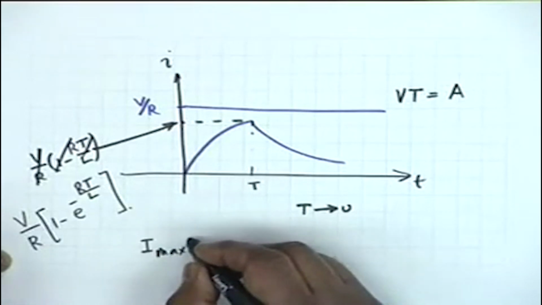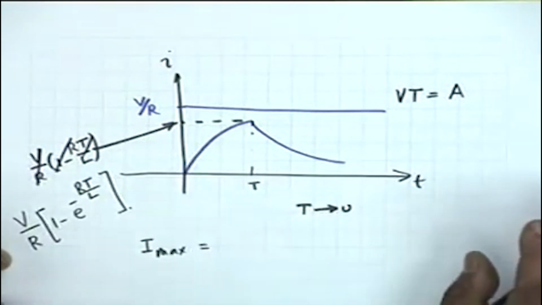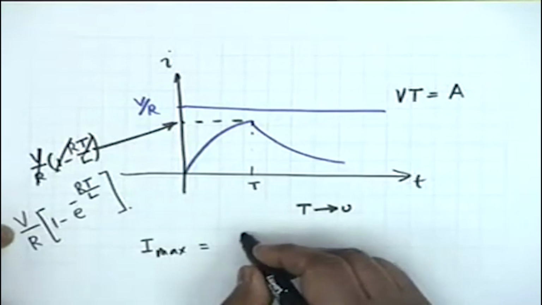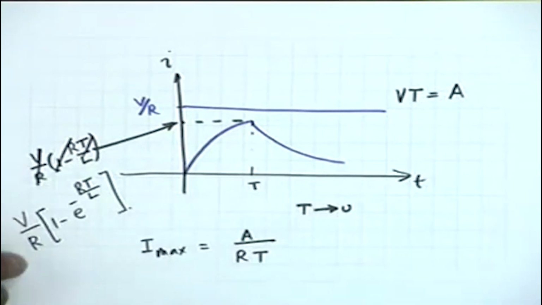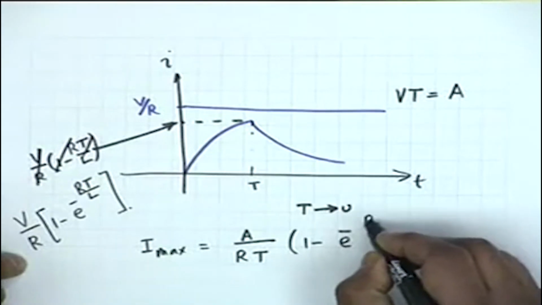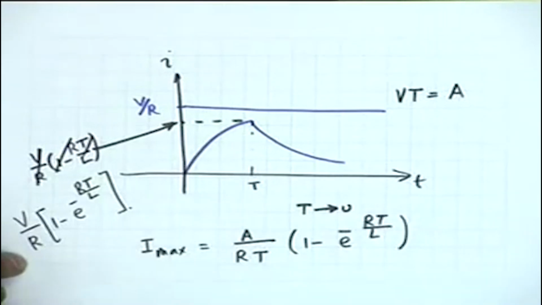when capital T tends to 0, well, first let us do it for general capital T. Therefore, capital V I write as A divided by capital T, so I max is A by RT, times 1 minus e to the power minus R capital T divided by L. All right.